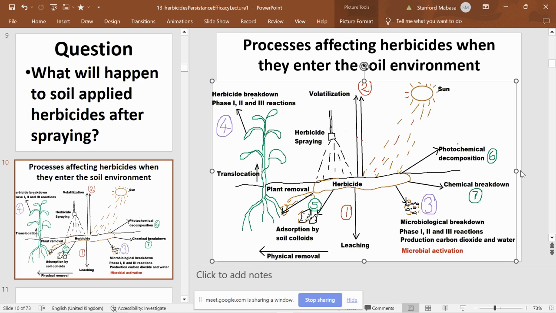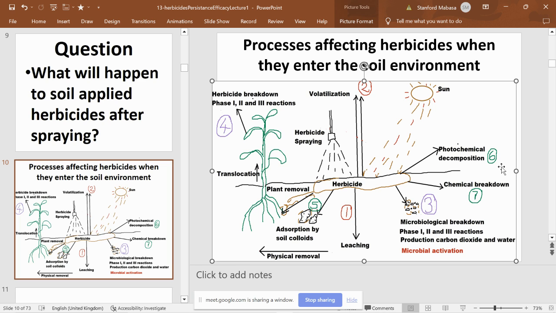After excitation, then there's breakdown. You can have all these oxidation, reduction taking place, or even hydrolysis in the absence of enzymes, but being facilitated by the sun. So the herbicide on the soil surface is vulnerable to breaking down.